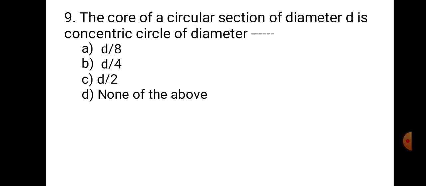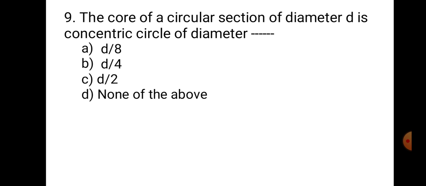Question number 9. The core of a circular section of diameter D is a concentric circle of diameter. Now to find out the core, option A is D by 8, B is D by 4, C is D by 2, D is none of the above.